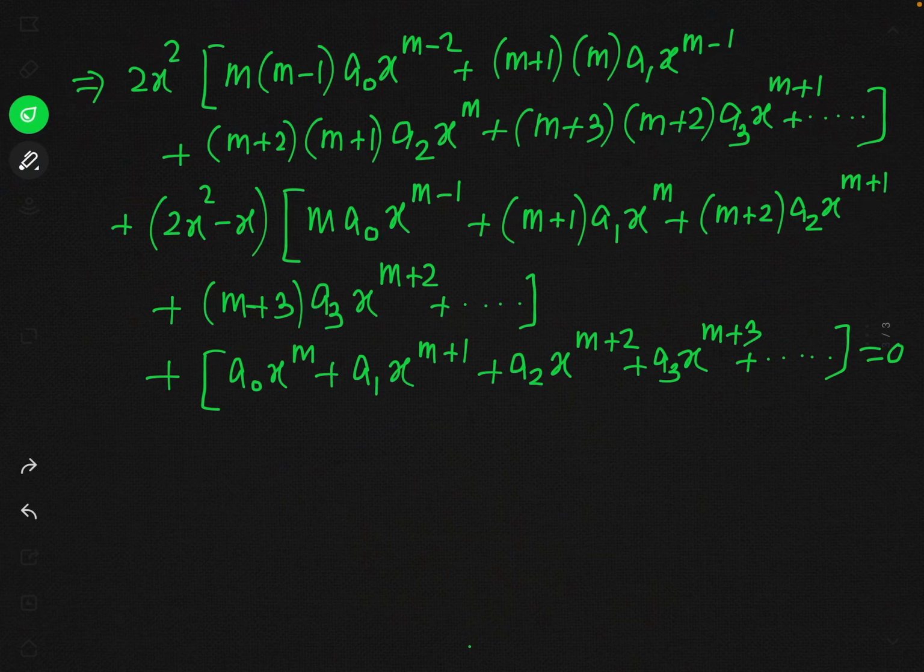So the first term we have written is m into (m minus 1) into a naught x to the power m minus 2.